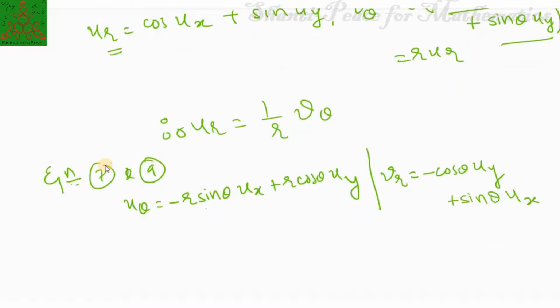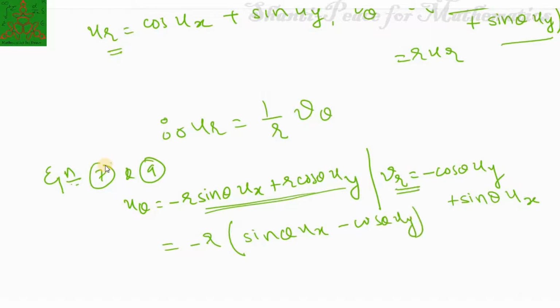If I take minus r common from the first, then it is sin theta ux minus cos theta uy, which is nothing but Vr. So it is minus Vr. So finally what you will have is Vr equal to minus 1 upon r u theta.